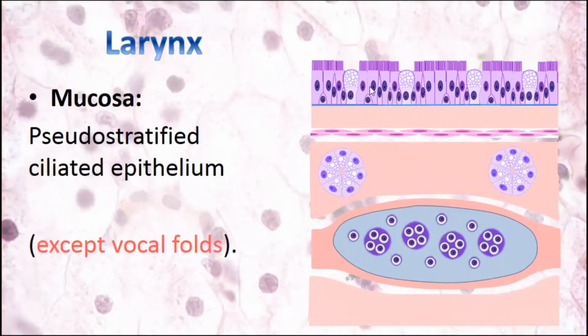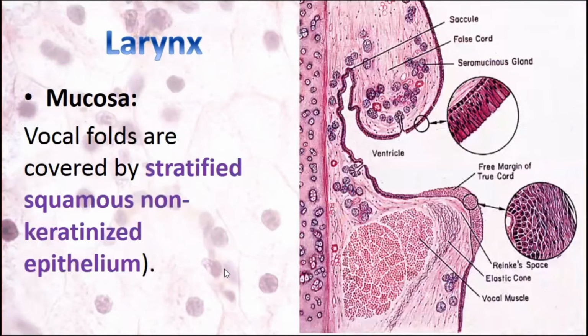Mucosa is lined with pseudostratified ciliated epithelium, but one exception is the vocal folds. Here we can see a vocal fold. There are false and true vocal folds, upper and lower, and true vocal folds are covered with stratified squamous non-keratinized epithelium.